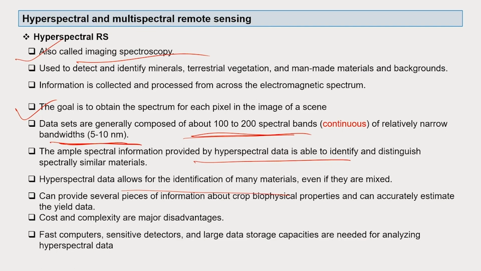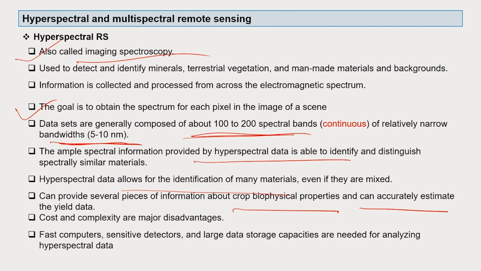Hyperspectral data can also provide several kinds of information about crop biophysical properties, and can accurately estimate yield data. Suppose you have 10 acres of land, how much yield are you going to get? That is also possible.